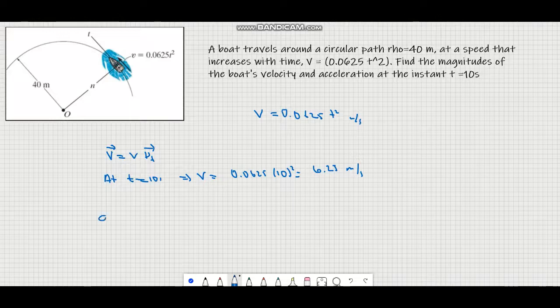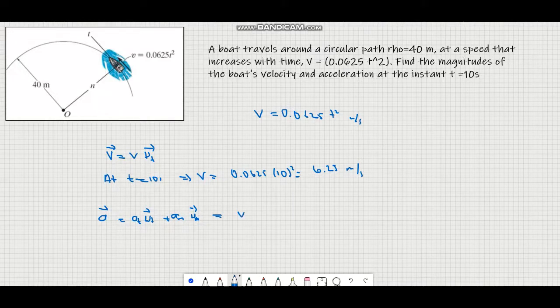Acceleration, we are going to take the acceleration. We know that acceleration is the tangential component of acceleration plus the normal component of acceleration multiplied by the unit normal vector.